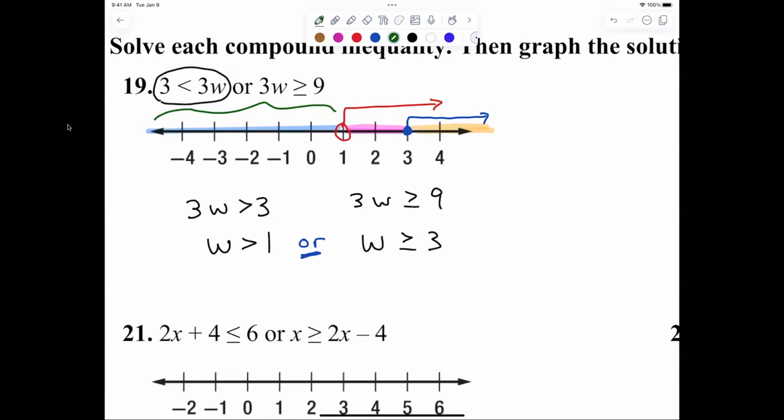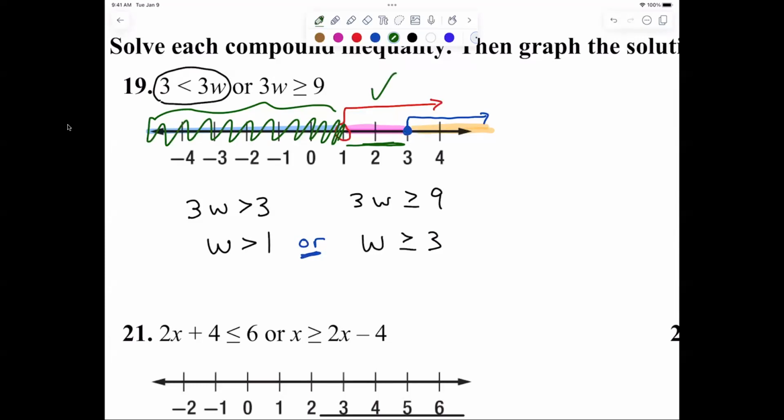Are any of those numbers greater than 1? Are any of those numbers greater than 3? Are there any numbers that satisfy that here? That would be no. Now the numbers from 1 to 3, are those numbers greater than 1?